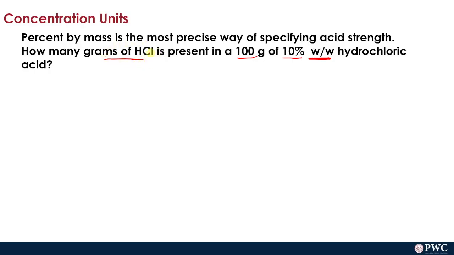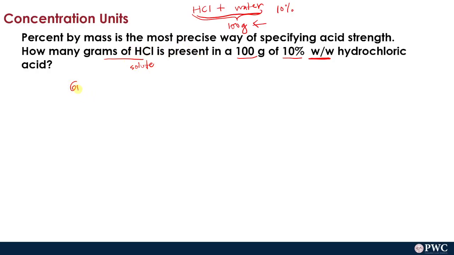This one is the solute, the HCl, mixed with some solvent, so let's assume the solvent here is water. The overall mass of the solution is 100 grams, and the percent by mass is 10%.